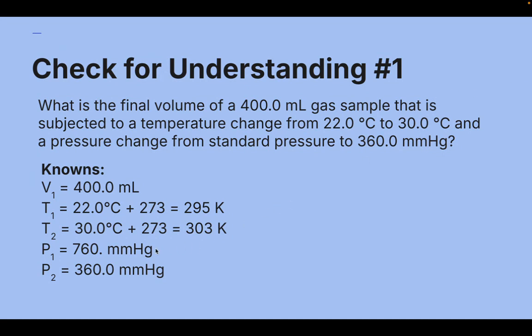So I'm using the millimeters of mercury, the standard pressure, in that unit so it matches with my other pressure. My unknown is going to be my final volume, and it will be in milliliters to make sure that my units are matching up.